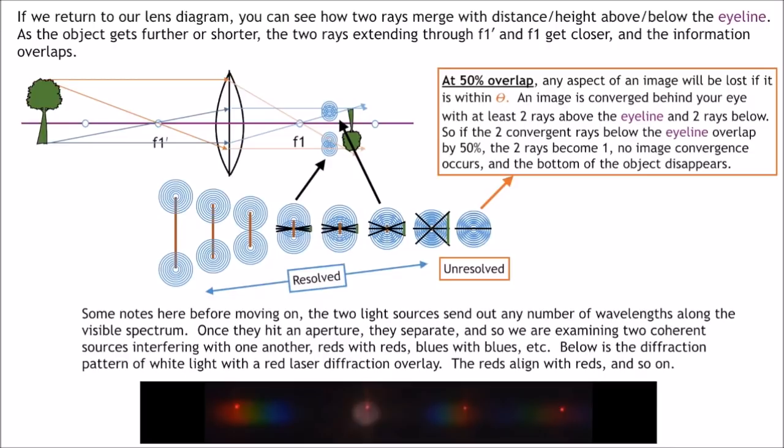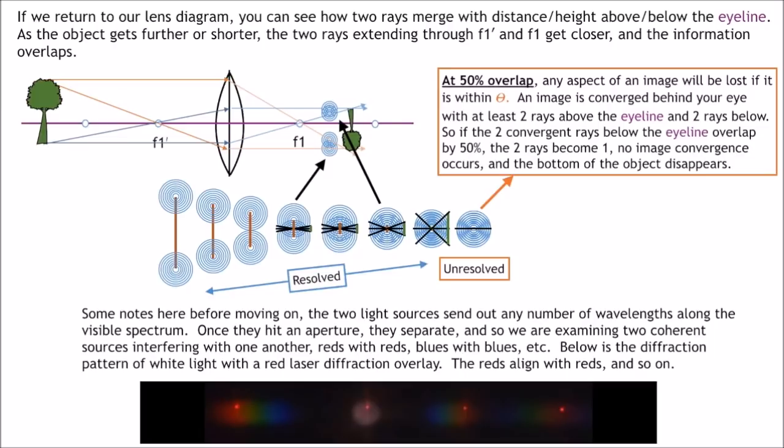The stump of the tree or the bottom of the tree below our eye line has less height than above the eye line, and so you can see the 2 rays are a little closer together behind the focal point F1. And I've depicted those merging rays with our Airy disc pattern mergings that we just went through.